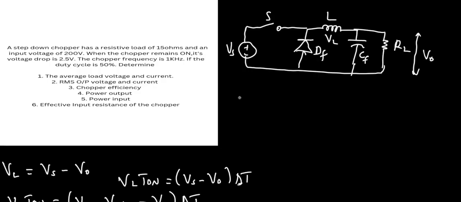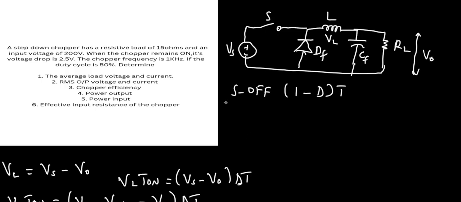So when the switch is off, one minus d T. When the switch is off, there won't be any supply voltage, right? So this is what we have here. We have only this short circuit path here.